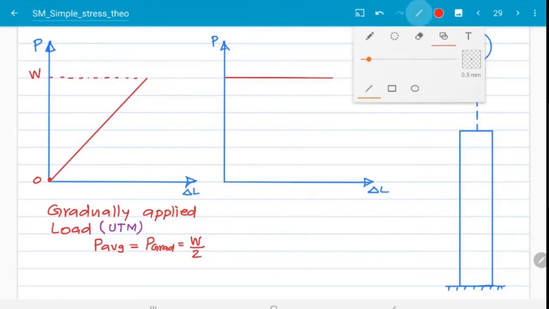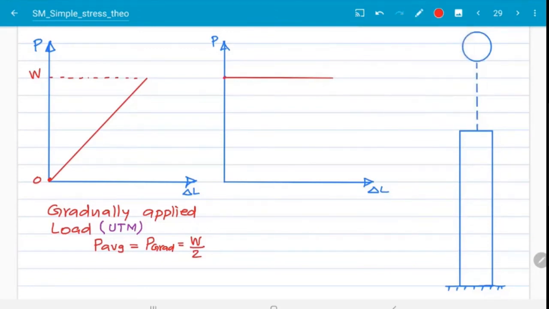Initially it is W. Now tell me, what is the average load? W. Very good.